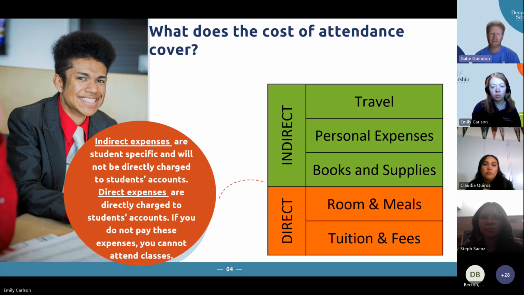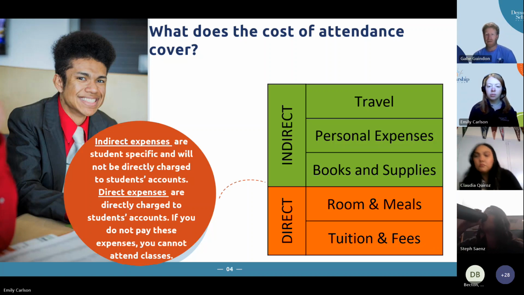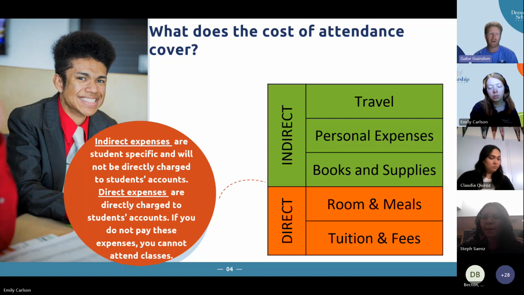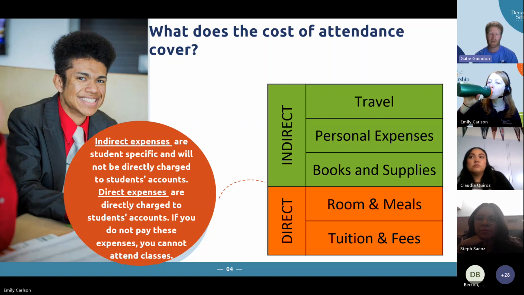Cost of attendance includes both direct and indirect costs. Examples of indirect costs may be travel, personal expenses, and books and supplies. These are costs that students are not paying directly to the institution, but rather costs that they need to have a plan for covering, although they won't be included in a bill from the school itself. Direct costs, on the other hand, are costs that students will be billed for.